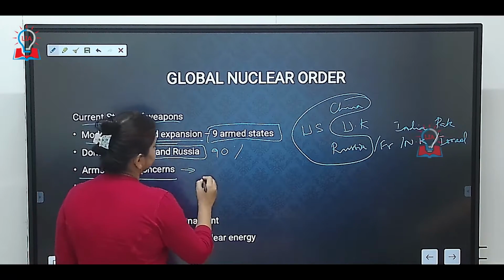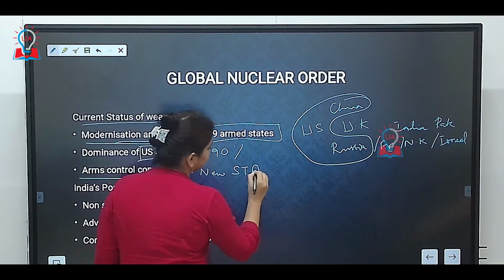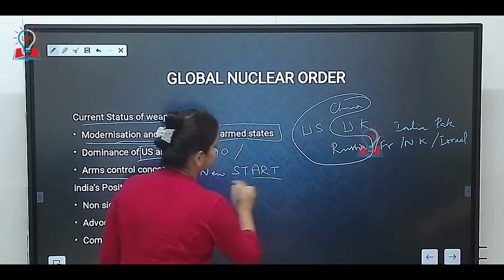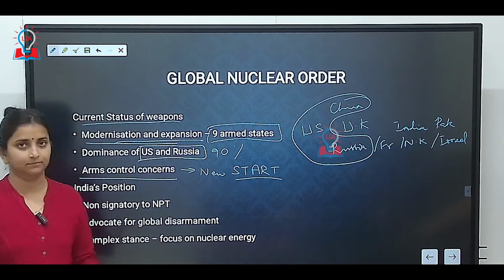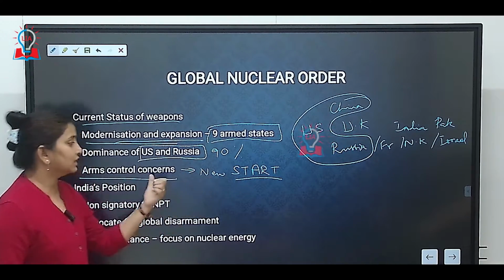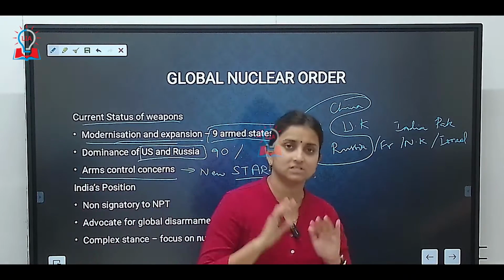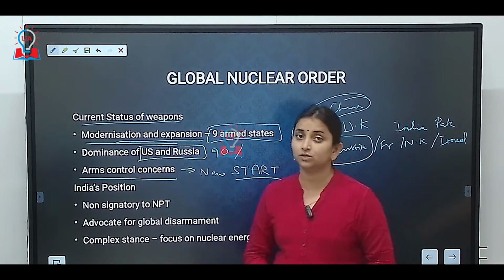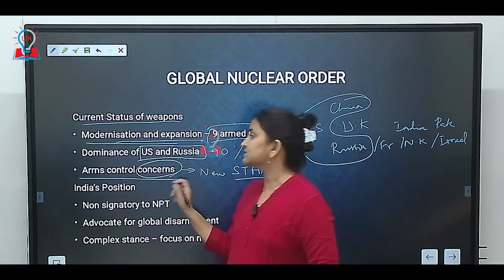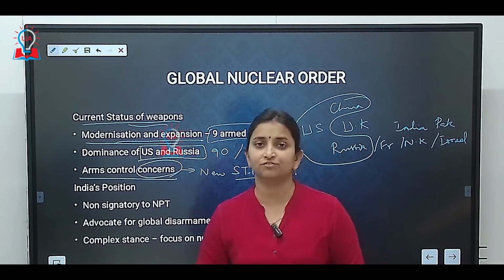Very recently, Russia has withdrawn from the New START Treaty. The START Treaty was signed between Russia and USA so that they will not undertake proliferation. The New START Treaty was signed to reinforce the same principle, and Russia has recently withdrawn. So arms control concerns are also a major concern in analyzing the current status of weapons.